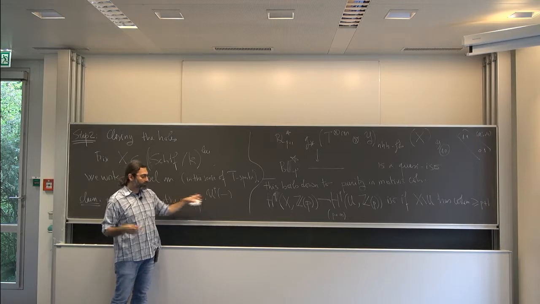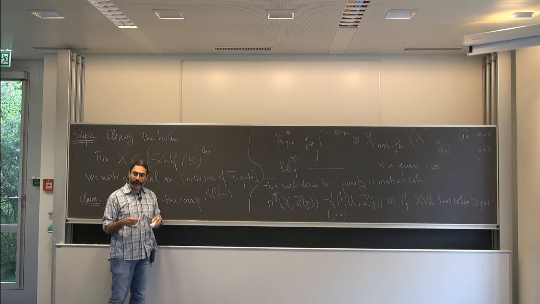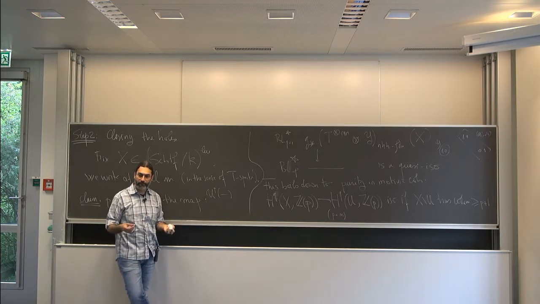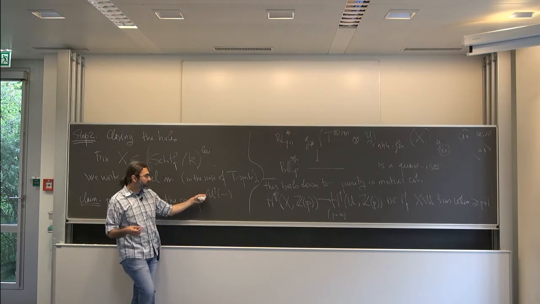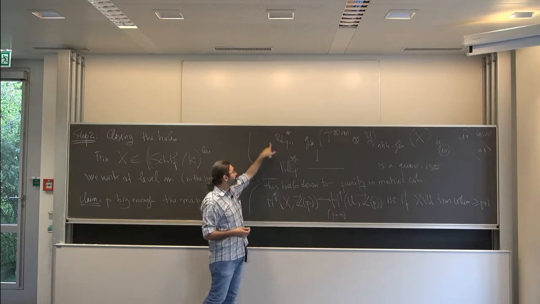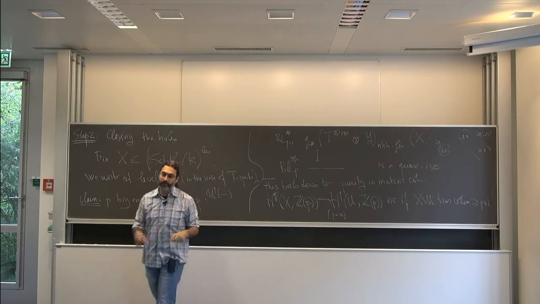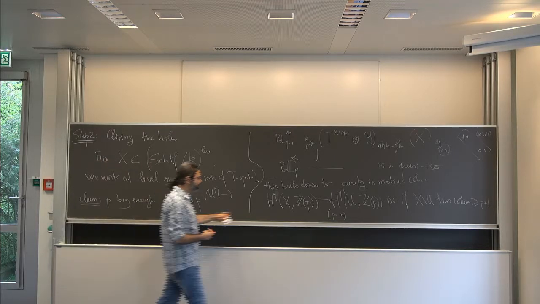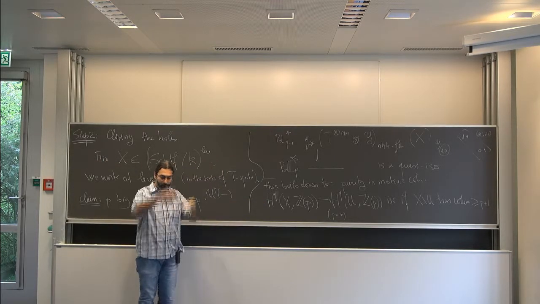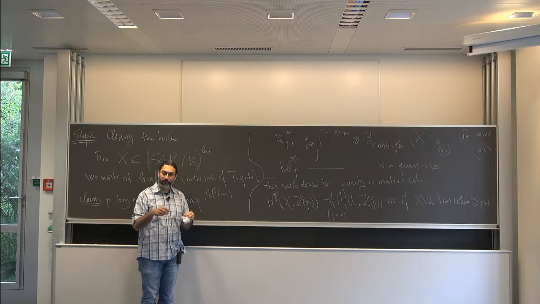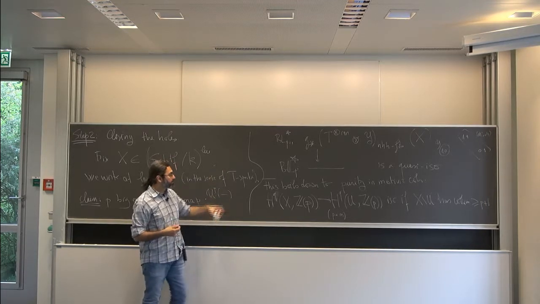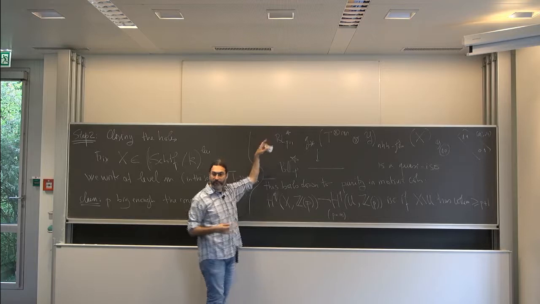And these are the pro-opens that you obtain by removing closed subset of codimension bigger than p+1. So this is at level BLP. Here you are removing something of codimension bigger than p+2. And this says that at some point it doesn't matter what you are removing, unless it's of codimension big enough, it will give you the same answer. Right? So this tells us that this tower stabilizes for p big enough.